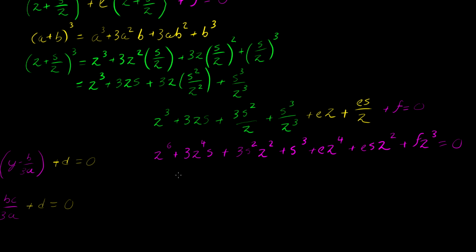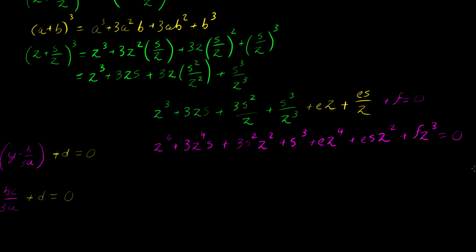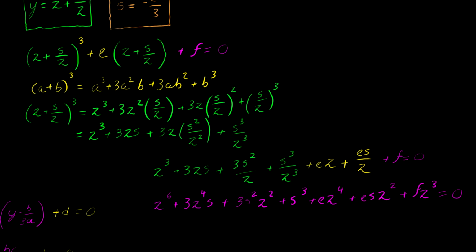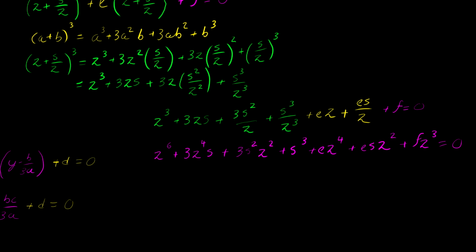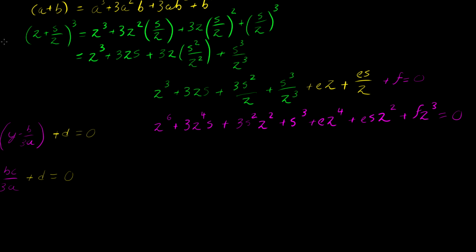So now, remember we defined earlier s is just equal to negative e over 3, so let's just plug that in. So let's write that down. So we're going to get z to the 6th.